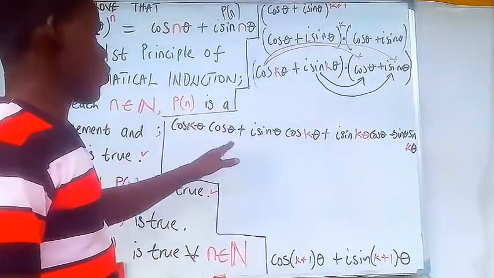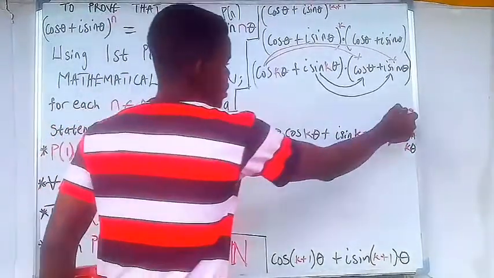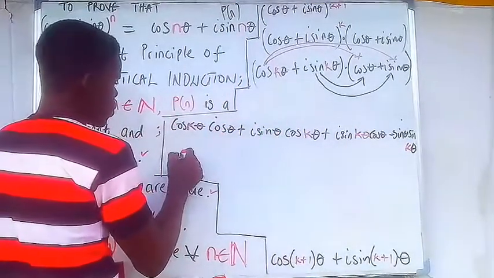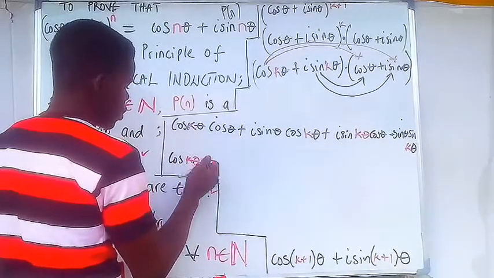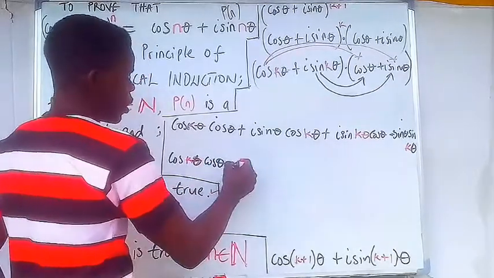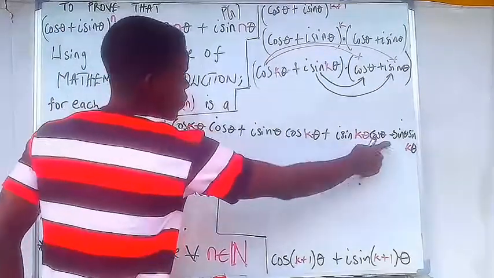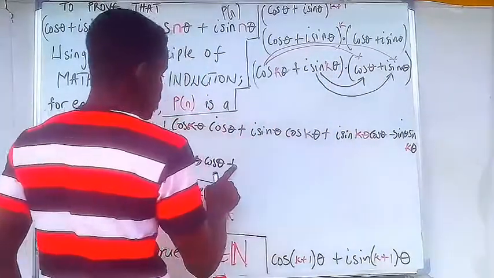Now here we're going to group the real parts and the imaginary parts. So this and this are the real. So we have cosine of k theta, cosine of theta, minus, sorry, it's negative right here, because i times i is giving us -1.